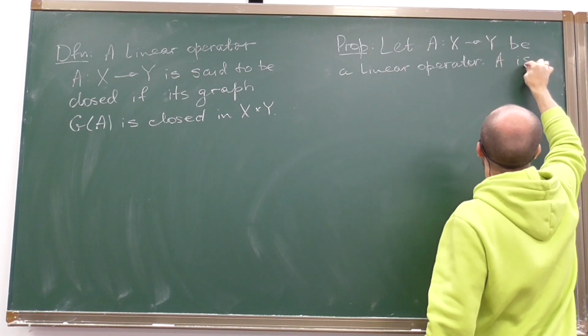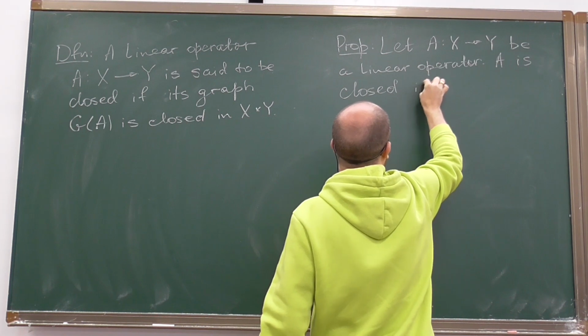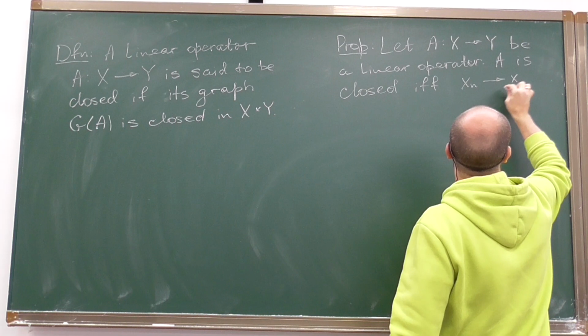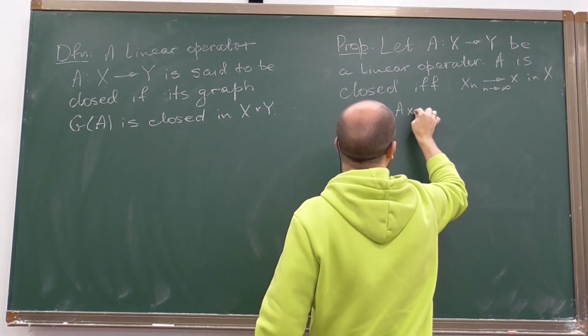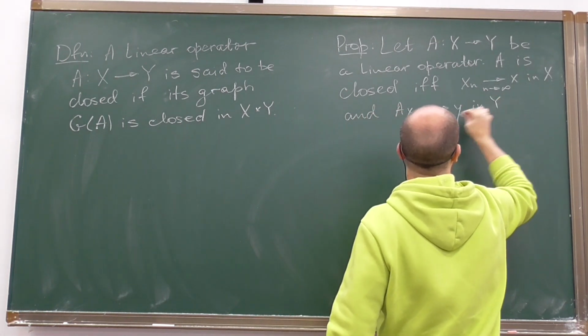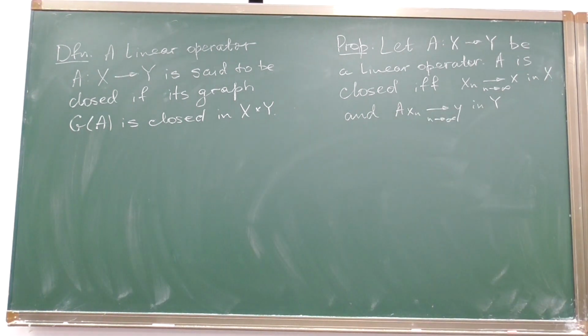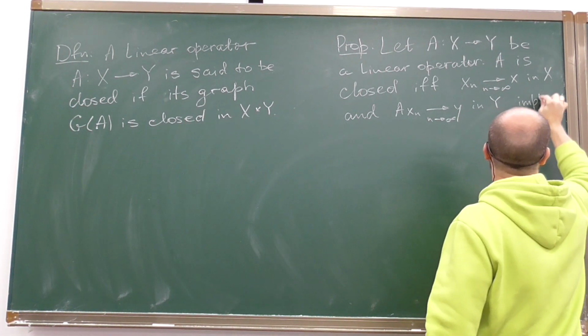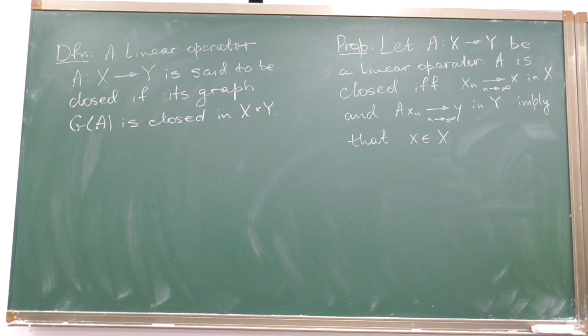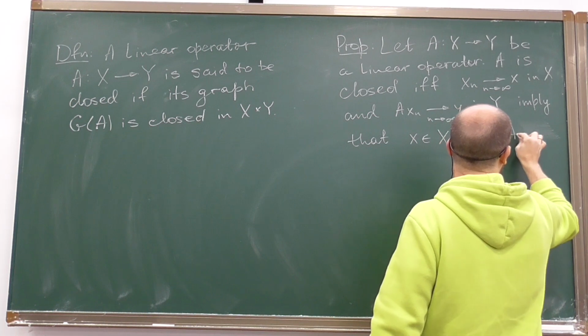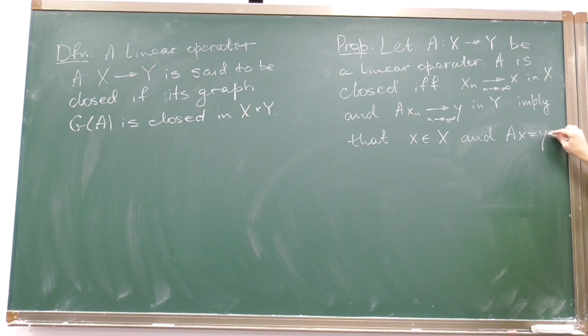Then A is closed if and only if x_n converges to x in X and A of x_n converges to y in Y imply that x belongs to X and A of x equals y, and y also belongs to Y. The proof of this result is just a consequence of the definition of being closed for the graph, so I leave it for you as an exercise.